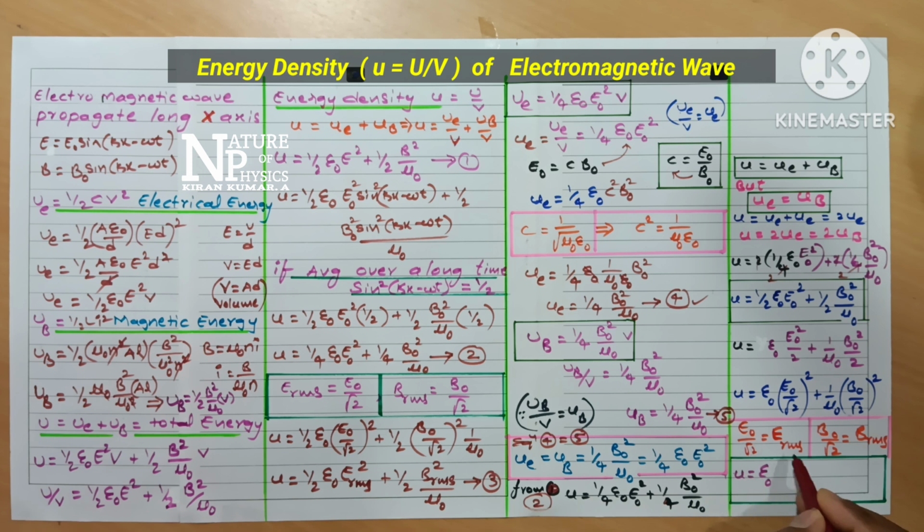E naught by root 2 is E RMS and B naught by root 2 is B RMS. So finally we are getting the total energy density: epsilon naught E RMS whole square plus 1 by mu naught into B RMS whole square. See, student, this is very clear information, I wrote step by step and clearly, student.